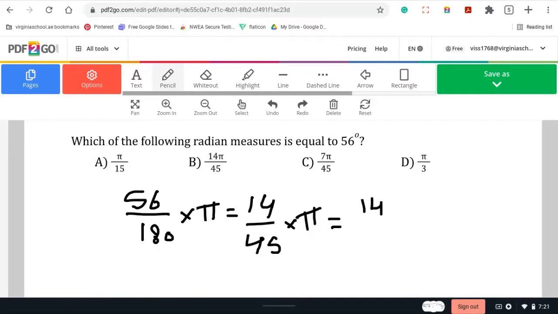So the answer is 14 pi over 45, which is B.